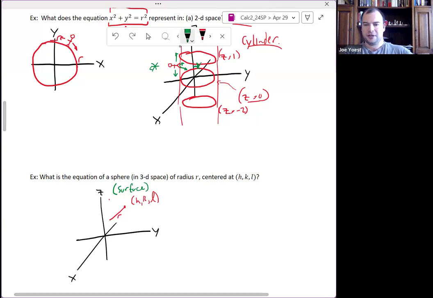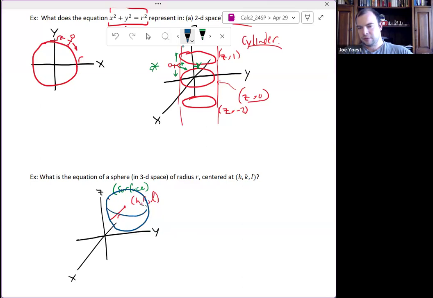And I have a sphere. And when I say a sphere, what do I mean? I mean the surface that is in every direction radius r away from the center. So that's what we mean by a sphere. It's the set of points that are the radius r away from the center h, k, l.